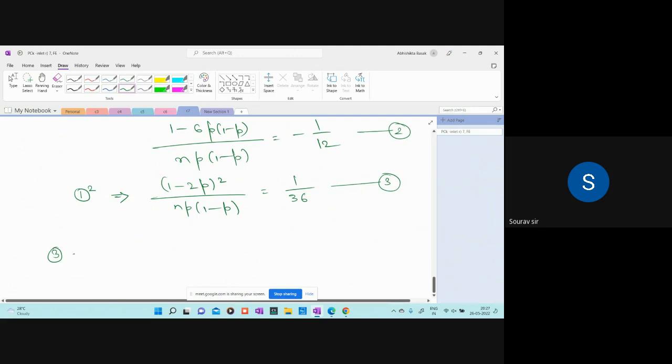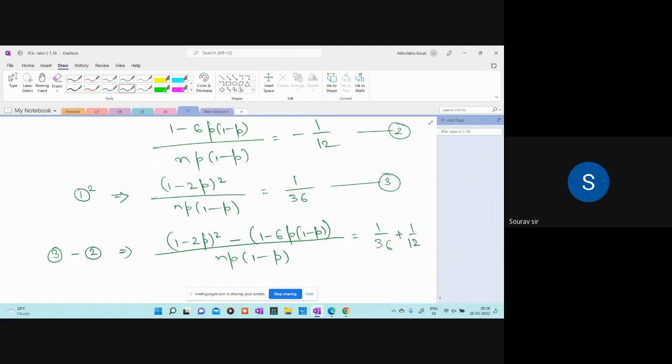So I can perform 3 minus 2, that is going to give me 1 minus 2p whole square minus 1 minus 6p into 1 minus p divided by np into 1 minus p, that is 1 by 36 plus 1 by 12, because minus minus will give me a plus over here.